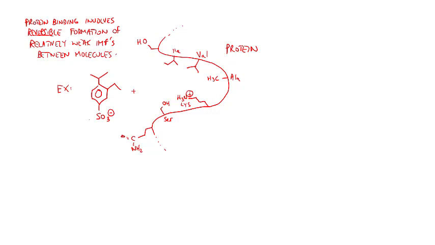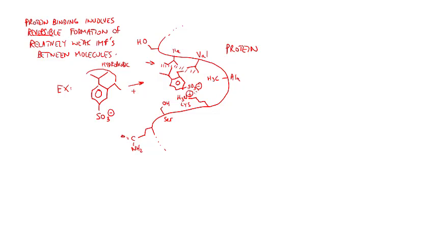So how is this molecule going to bind to this spot on the protein? Well, what it's going to do is it's going to form favorable intermolecular forces. So probably what would happen is we would form something like this, where we have hydrophobic contacts between the hydrophobic part of our molecule and nonpolar amino acids on the exposed surface of our protein.